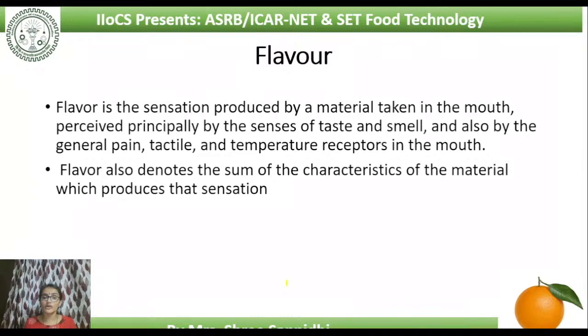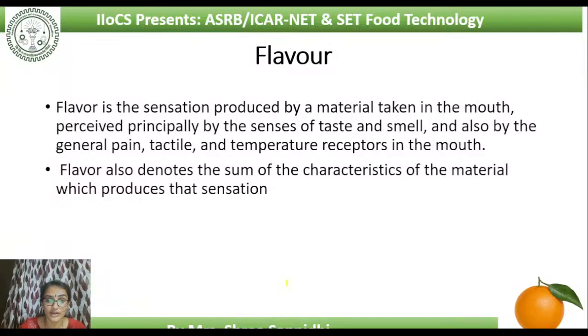For example, when you have something spicy, right? You feel hot in your mouth. Why is that? The spiciness is not actually a taste. It's a sensation which is sensed by temperature receptors. It is the heat which will make you feel spicy. So all these things together will give you one particular flavor.